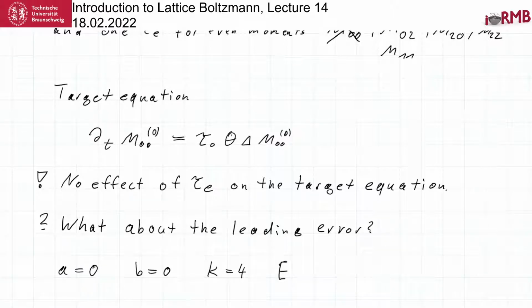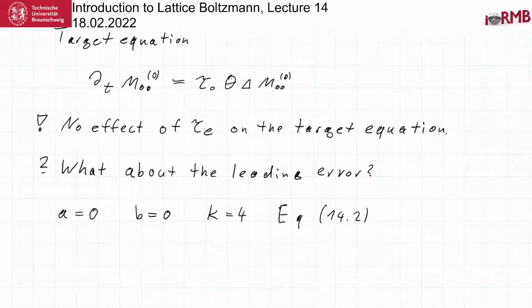So this we put into equation 14.2, and because now k equal to 4, this is going to be very big. I'm already including some assumptions that we know are true.